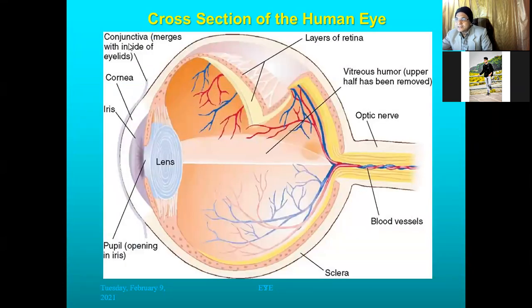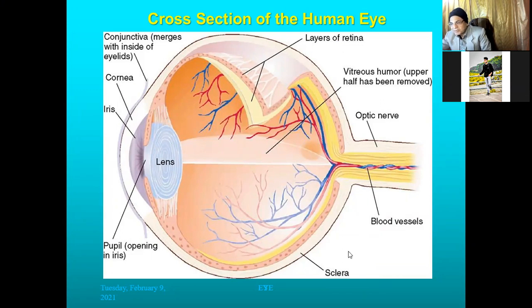This is the cross section of the human eye. There are three layers of the eye. First is the outer layer, and this outer white layer is the sclera. This sclera again has three layers: outermost, middle, and innermost.